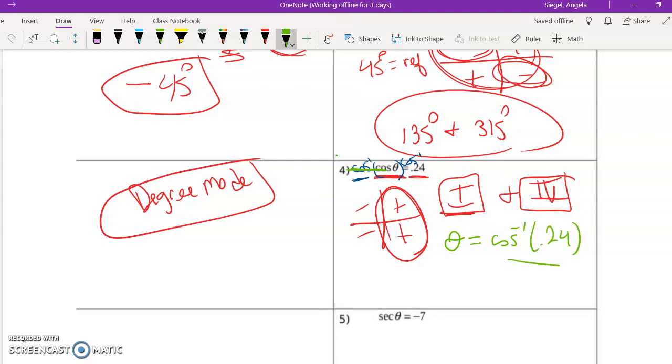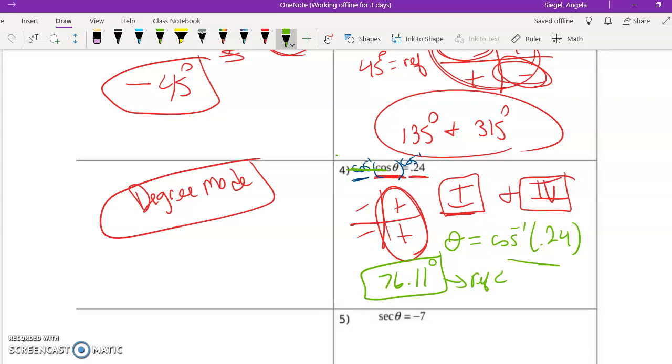Calculator. So when I type that in, let's go ahead and do that. Again, make sure it's in degree mode. Cosine inverse is that second cosine on most of your calculators. Cosine inverse is going to be 76.11 degrees. This is your reference angle.